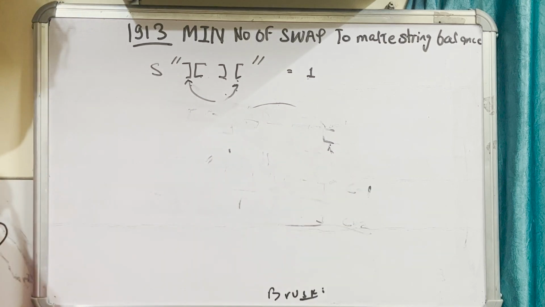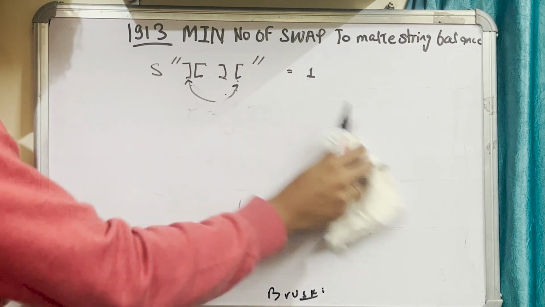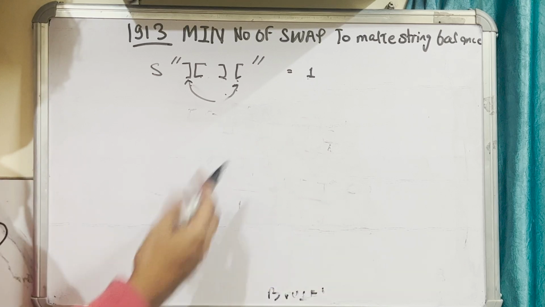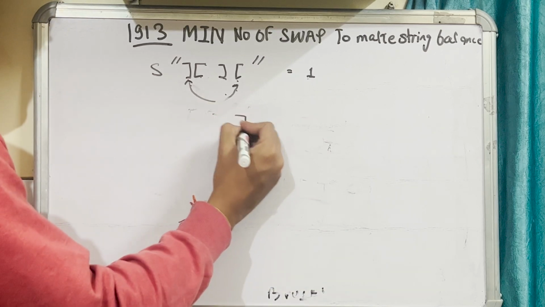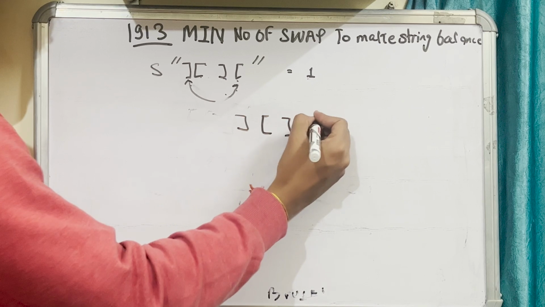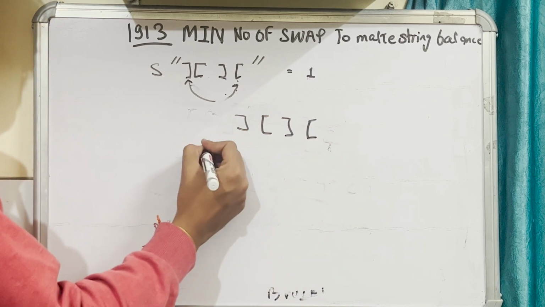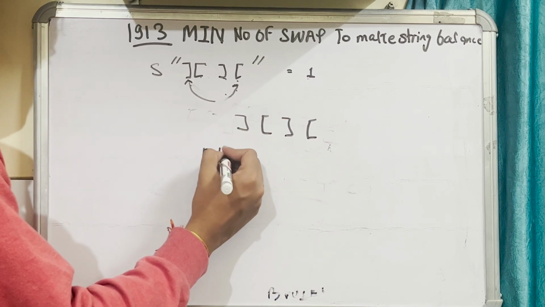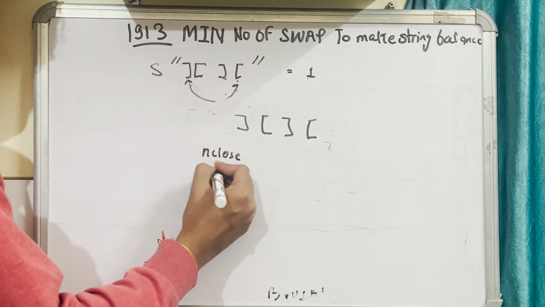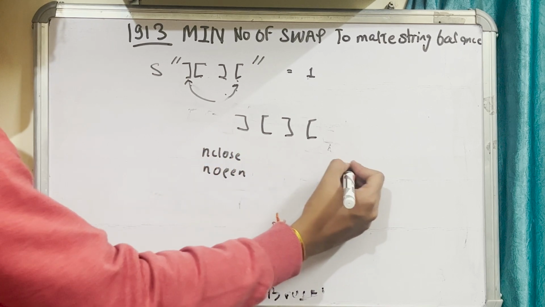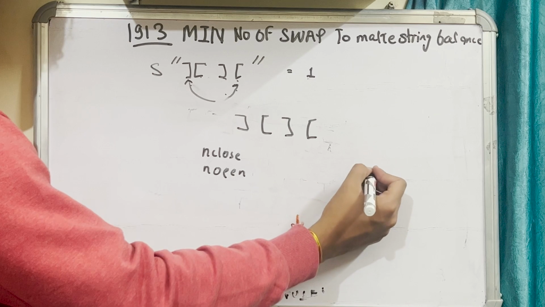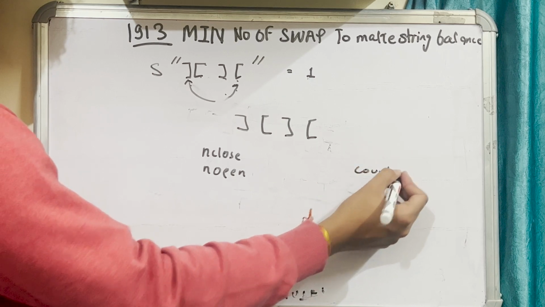Let me give you another example of the same. For example, the number of closing brackets, the number of opening brackets, and the output count, we will keep. Count is 0.